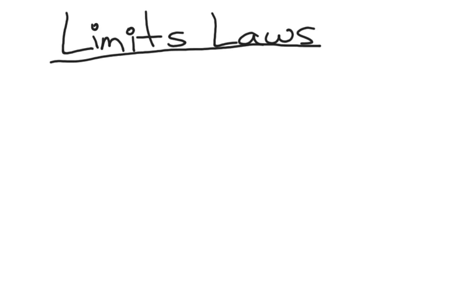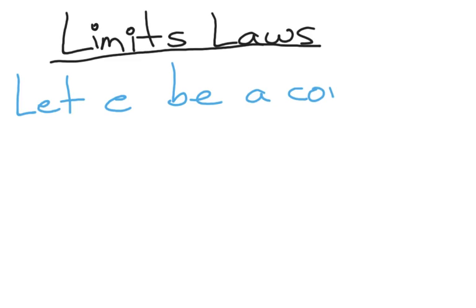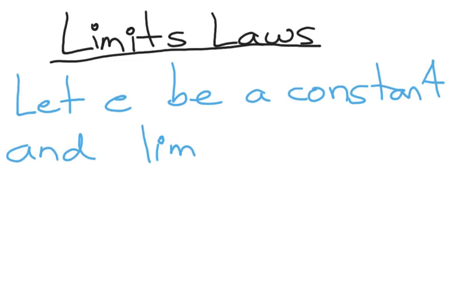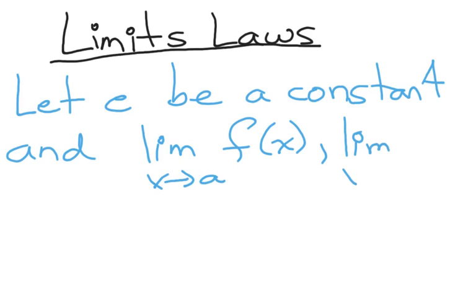So the first rule, actually throughout this, we're going to let C be a constant, and we're going to be talking about two specific functions, that being f of x and g of x. And all we're going to really care about those functions are that these two limits, the limit as x approaches a of f of x and the limit as x approaches a of g of x, both exist.